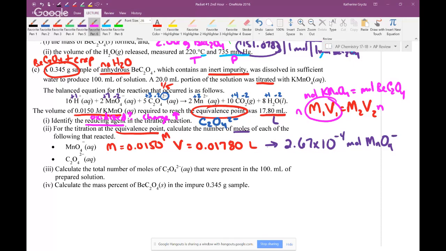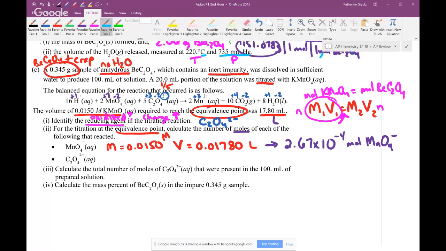Hopefully everyone's okay with multiplying those two things and getting 2.67 times 10 to the negative 4th. In all of our acid-base stuff, we just set these two equal to each other because the mole-to-mole ratio between acids and bases is always going to be 1-to-1 for us when we do our equilibrium stuff. But this is not a 1-to-1.